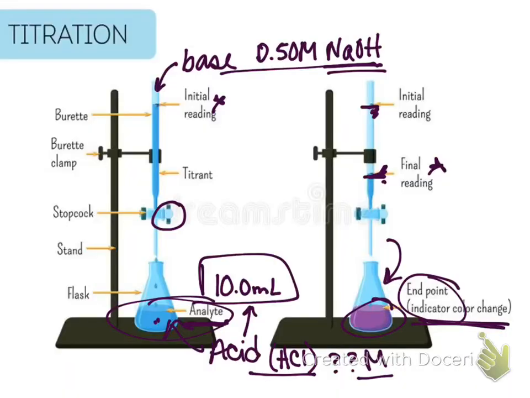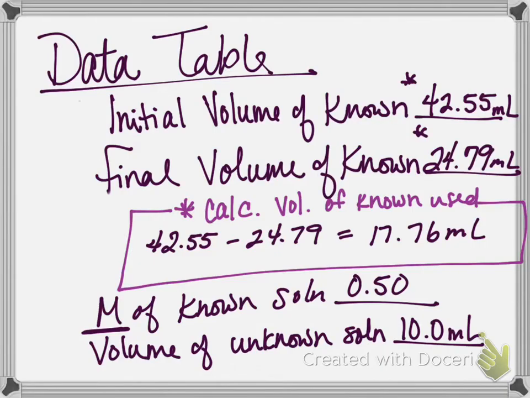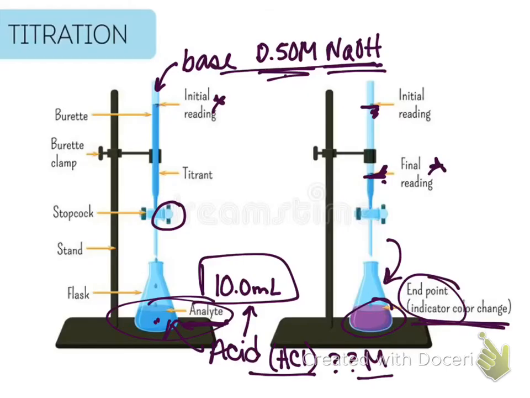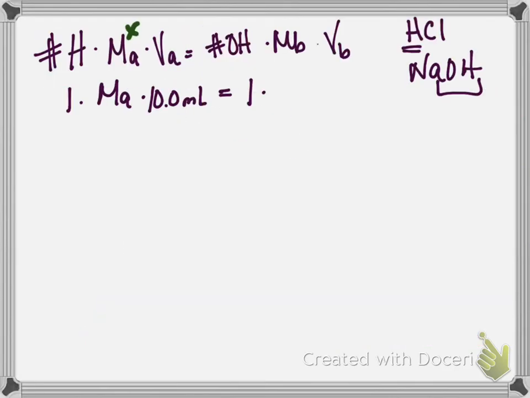The base was NaOH. Its concentration per the bottle was 0.5 molar. And we performed the experiment to figure out how much was used. So NaOH has 1 hydroxide group. The molarity of the base was 0.5 molar.